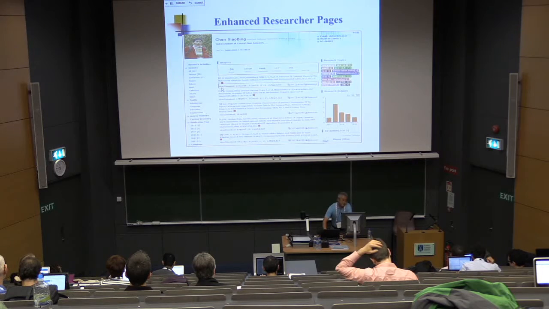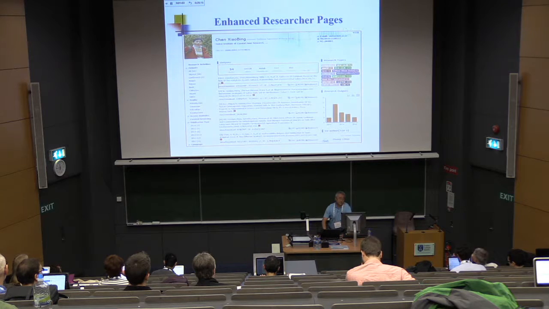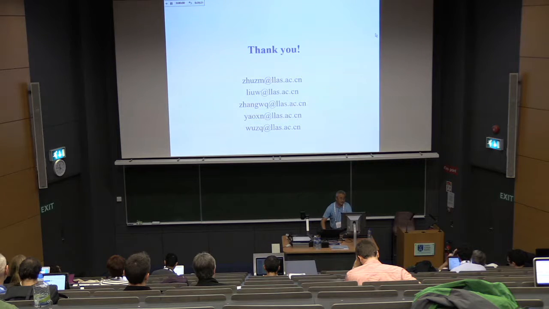And each research article in the publication list also has its separate views, downloads, and citation counts, and it also has research topics and a co-author network. The left side is the category and profile description. That's all.